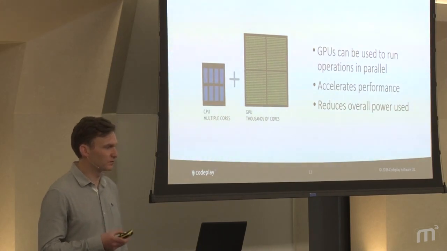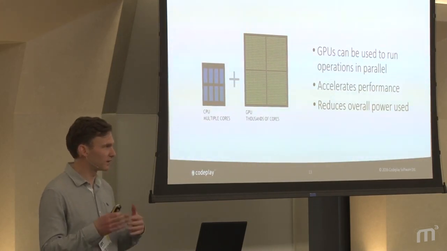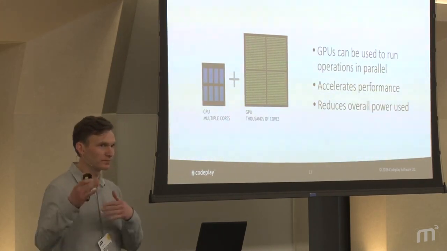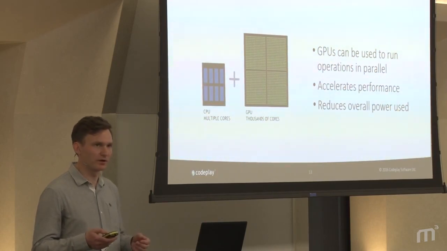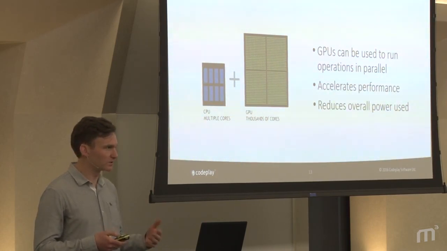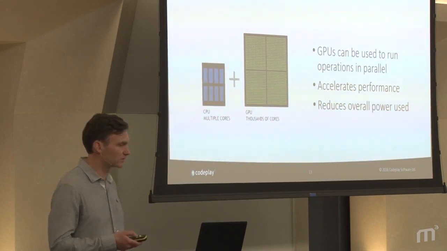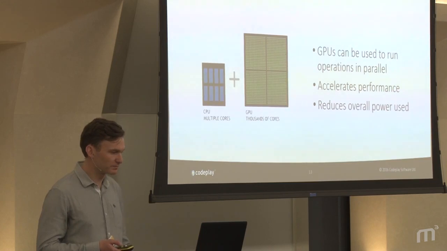Okay, so I wanted to give you a bit of an idea of how this translates from TensorFlow or a machine learning framework onto the actual hardware. So when I talk about parallel hardware, this is where we can make significant improvements to the performance of applications that are running with TensorFlow.